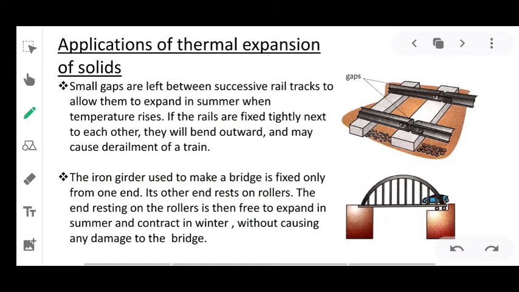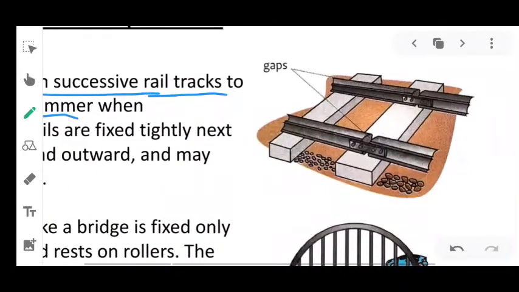Now we'll study some applications of thermal expansion. Small gaps are left between successive rail tracks to allow them to expand in summer when the temperature rises. This is a picture of a rail track. As you can see, there are gaps between two successive rails.